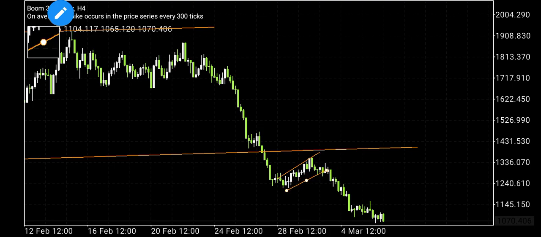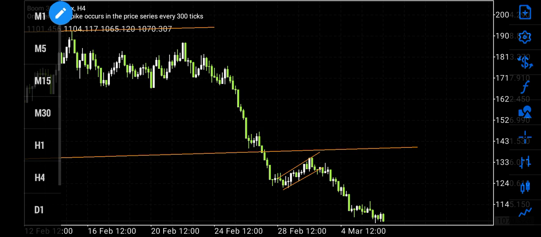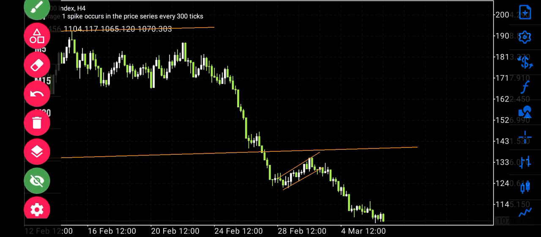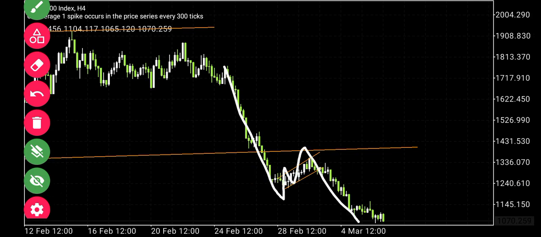Make sure you tweak your trend lines so that you can see a good picture. From this point we had this kind of impulsive move, then a correction, then impulsive to the downside.